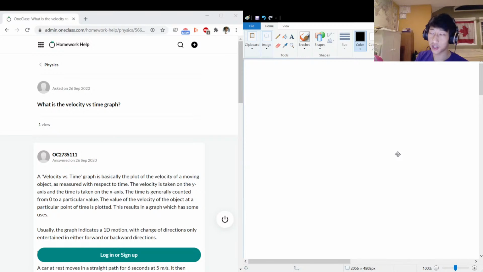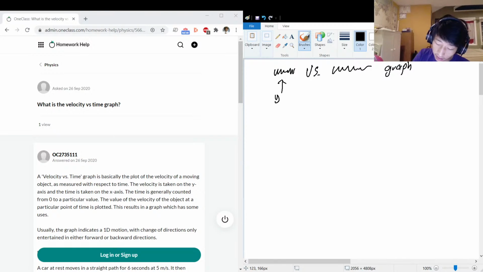Okay, so the next question that we got on the menu today is, what is a velocity versus time graph? Typically when you have a something versus something else graph, this will be your y-axis and this will be your x-axis.